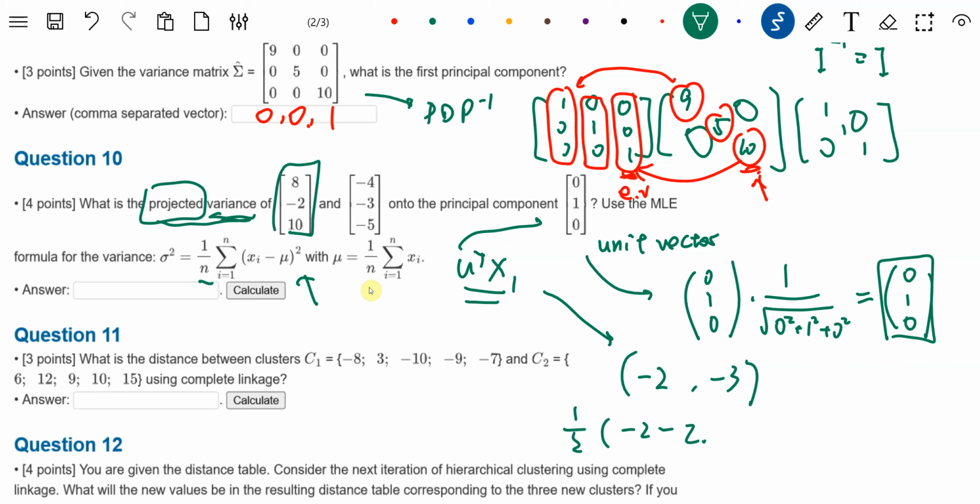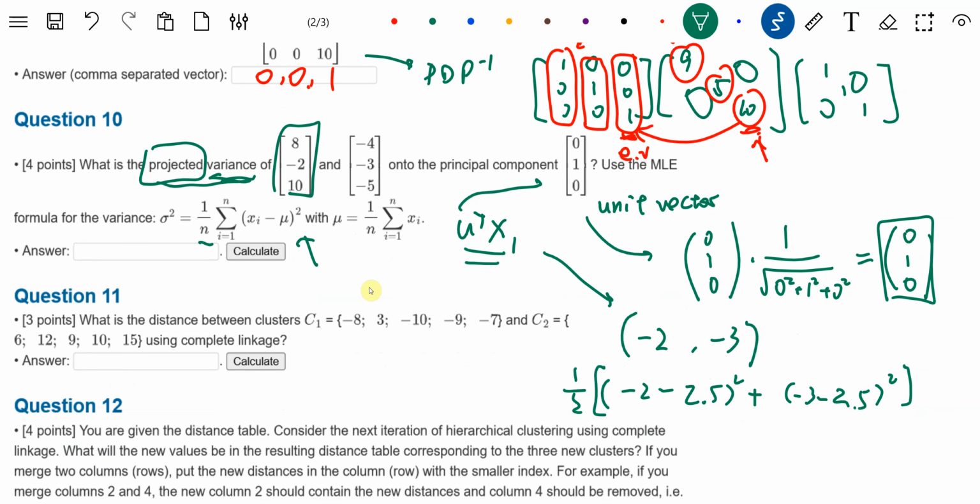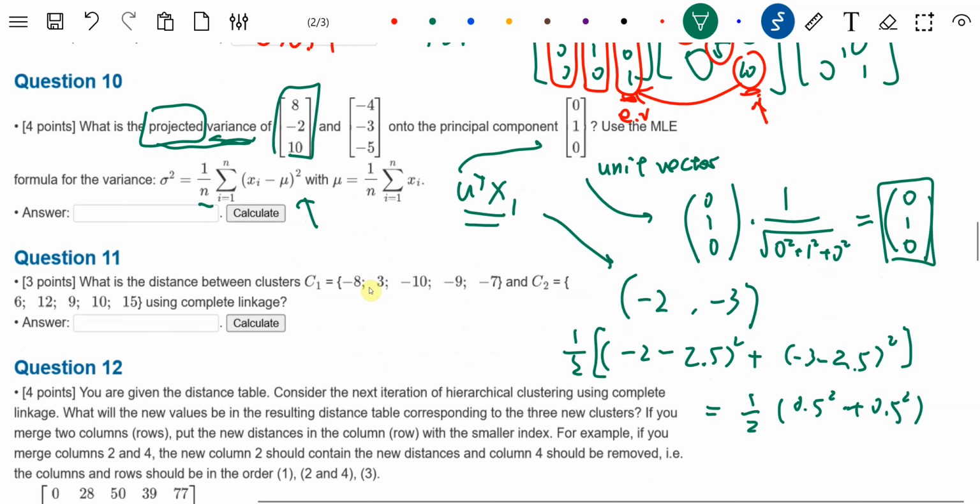The average of the two is minus 2.5, squared, plus minus 3 minus minus 2.5, squared. So you can compute this, it's just half times 0.5 squared plus 0.5 squared, which is, I think, 0.25. But you can verify the computation.